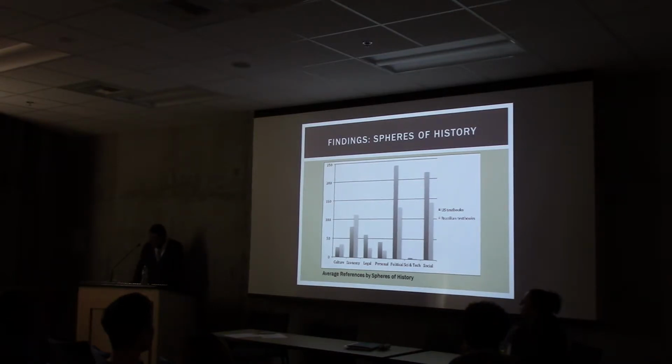I found that in the Brazilian textbooks, religion had the most number of references, but that the number, on average, accounted for about half of the cultural references. For example, in Historia das Cavernas, the one with 3 volumes, 23 of the 40 cultural references were related to religion. The majority of the religious references focused on one of 3 topics.